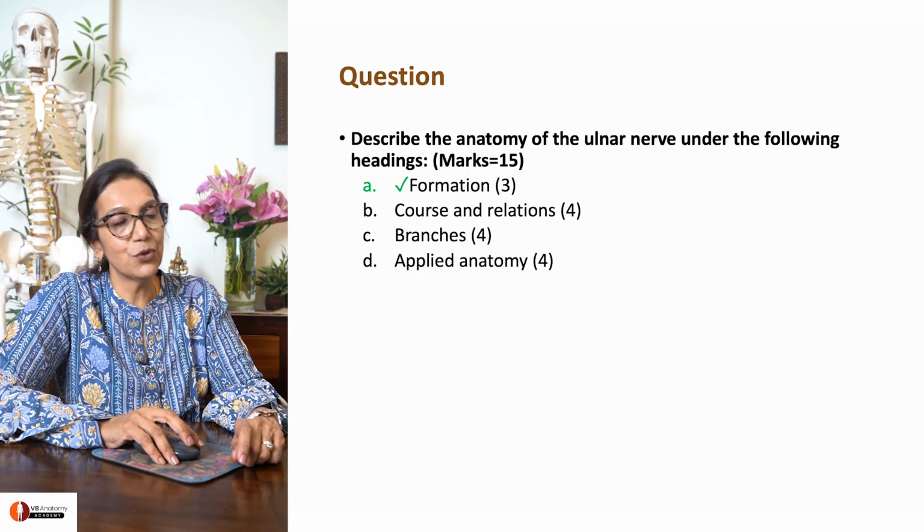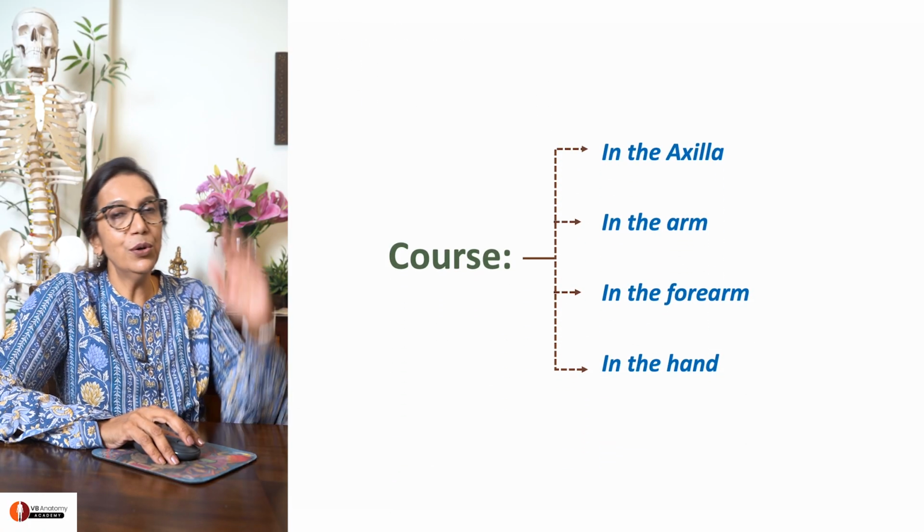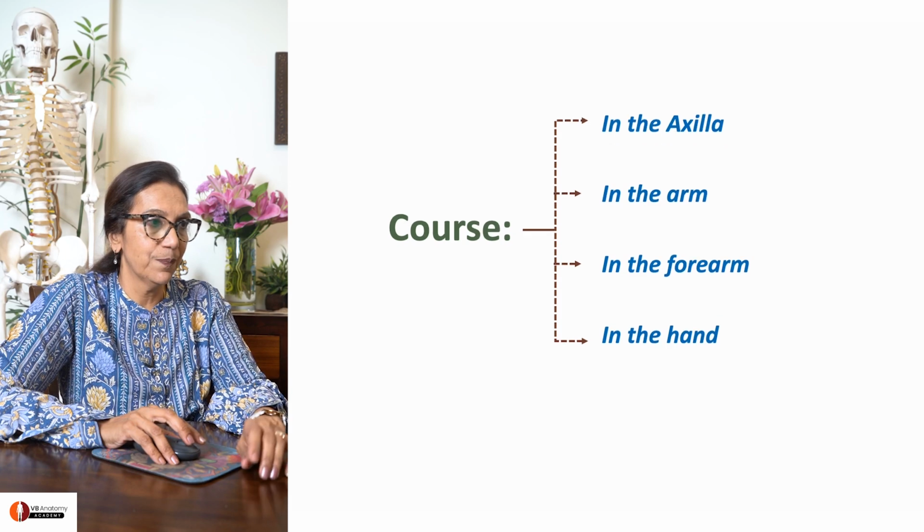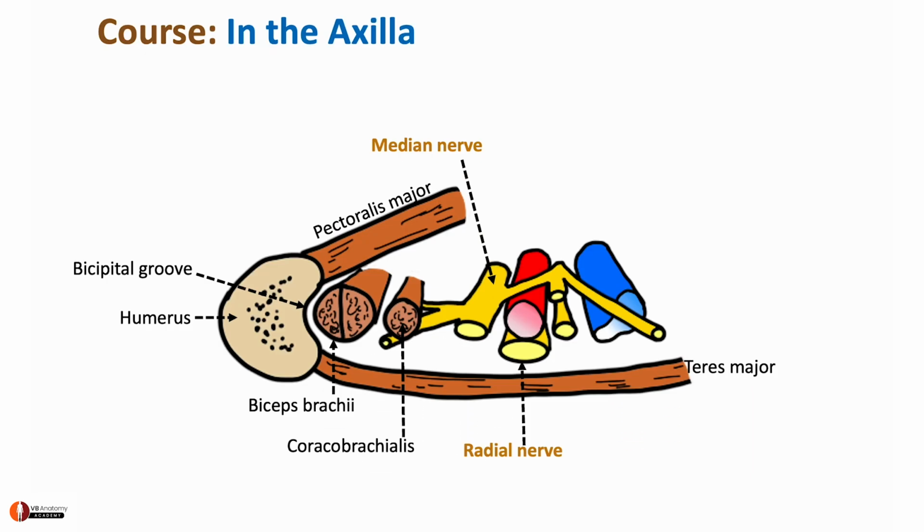Let's go to course and relations. We're going to divide the course into course in axilla, in arm, in forearm and hand. So now here's the section through the axilla. This is pectoralis major, humerus and the teres major. So left side section.